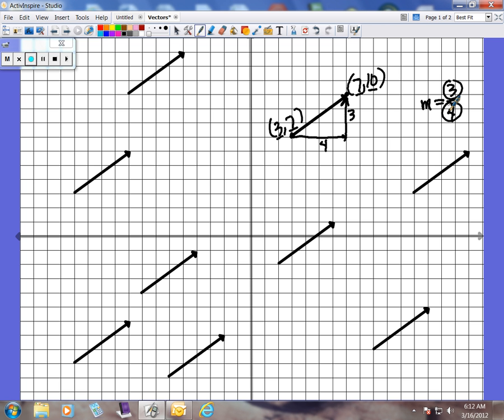Now, what a lot of people don't realize, also, let's take a look at this. The angle at which it's going from a horizontal also has a relationship to the 3 and 4. Now, think a second. If you've been in this class for long enough, you're going to realize something. Which trig function is that?